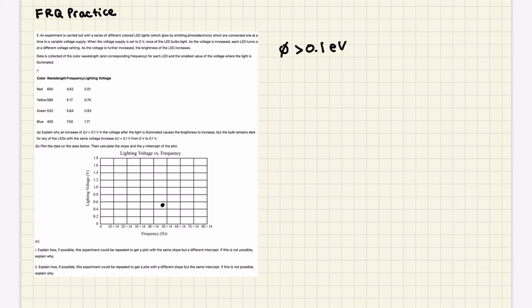Then 5.17, 0.74, that would be right there. Okay, 5.64 and 0.93 is around there. I'm just doing it approximately, by the way. 7.50, that's here, and 1.71, that should be right around there.